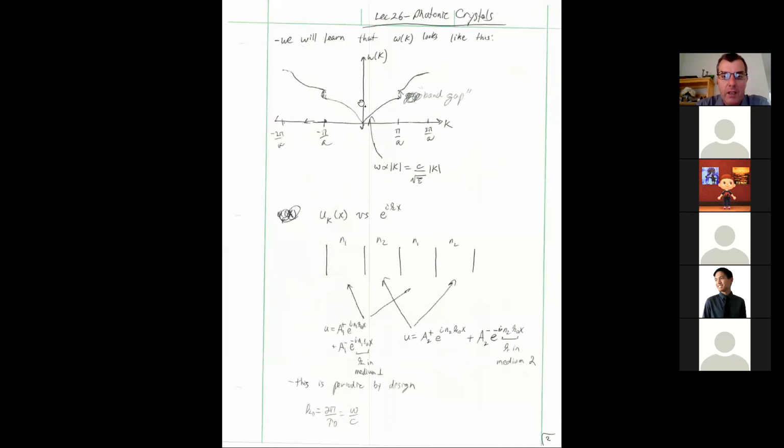And omega of k looks like this. Now you're thinking, wait, they had it folded like this. Well, it's like this. We've got something that looks like this, all right? We've got that at certain frequencies, at certain k vectors, there's a jump in frequency. Basically because at certain k vectors, propagation isn't allowed. If I'm at just the right k vector, then we've got perfect constructive interference of reflected waves, all right?